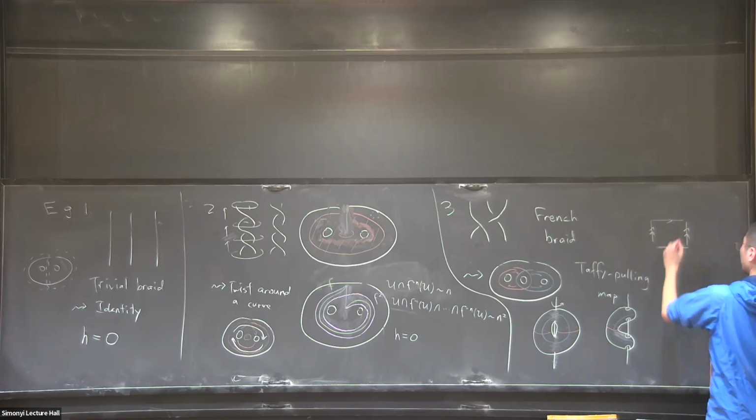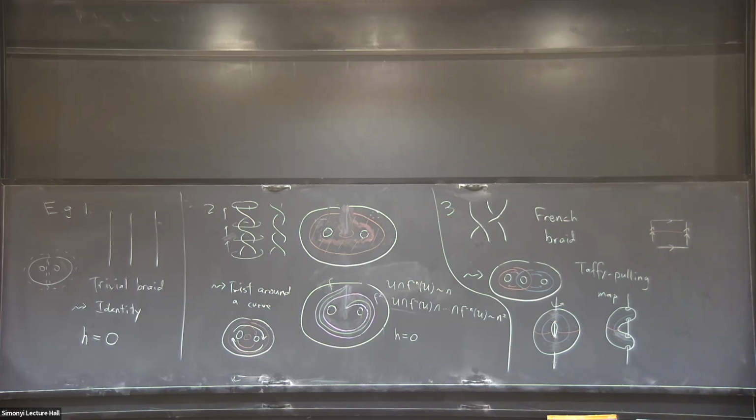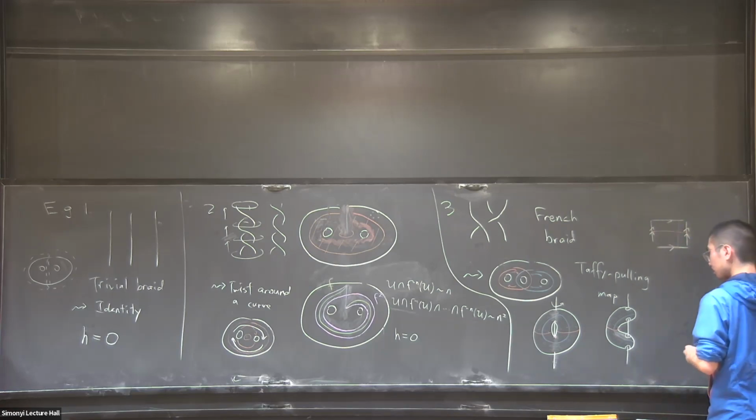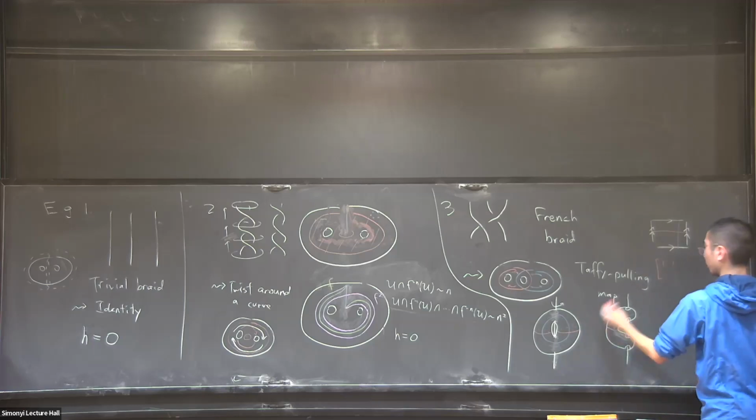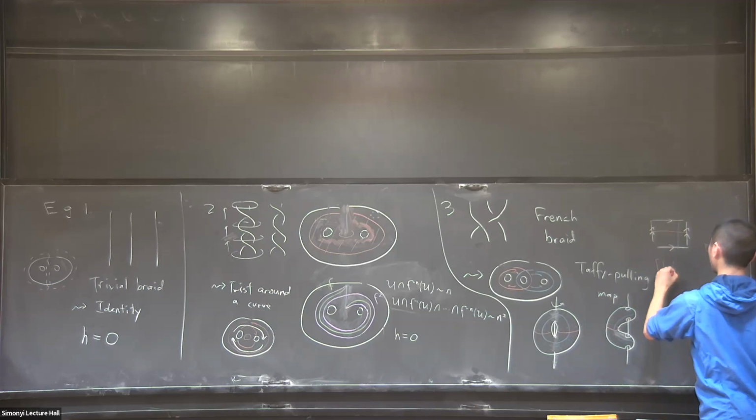And then let's say this red curve is this particular curve, homology class. And then the blue one is this one. So like I reasoned, the lift of the red half twist would give you a twist around this red curve.